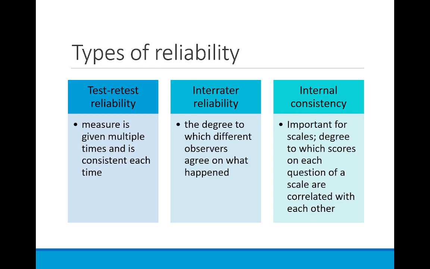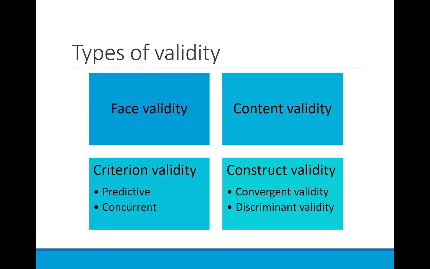This is the degree to which different observers agree on what happened. And we'll look for internal consistency with other related measures. So we may ask the same concept multiple times in multiple ways and see whether it's consistent across different versions. We can look at face validity, which is just, does this seem right? If it doesn't seem right, then it fails the face validity test.